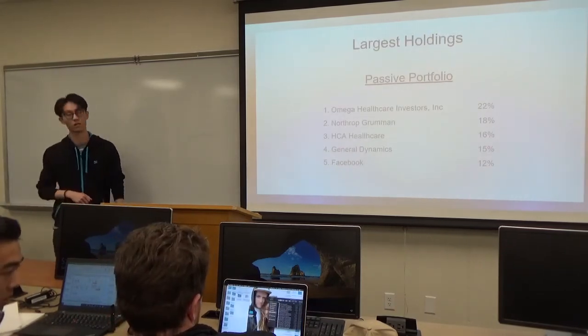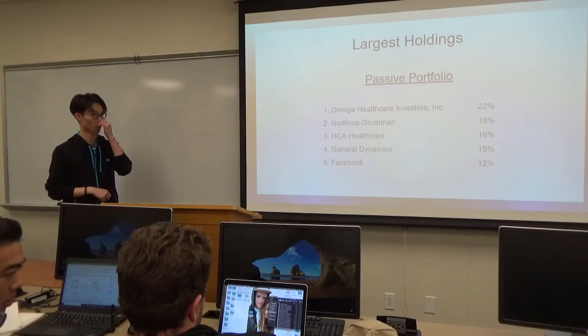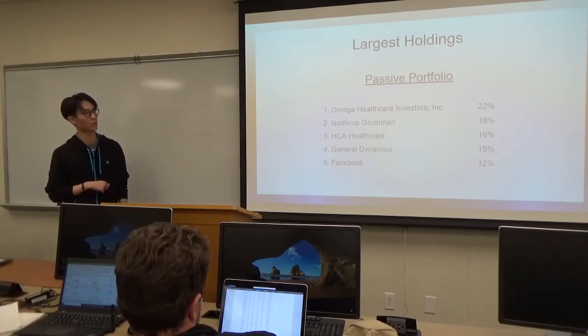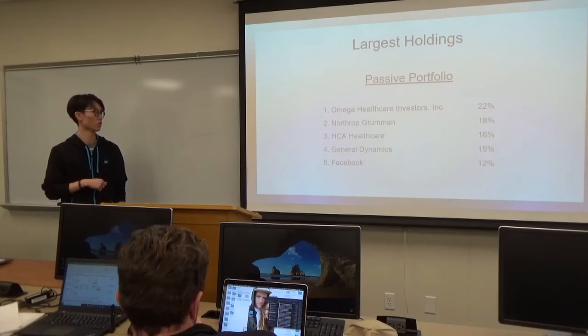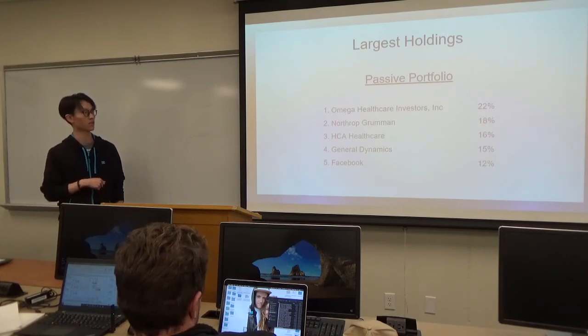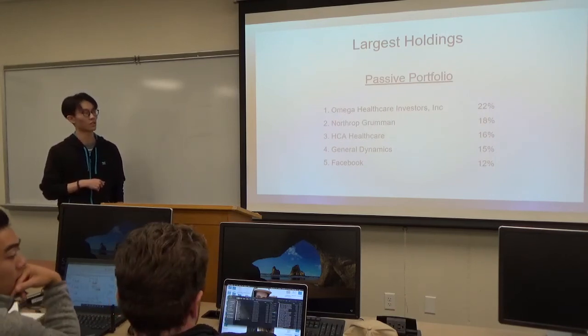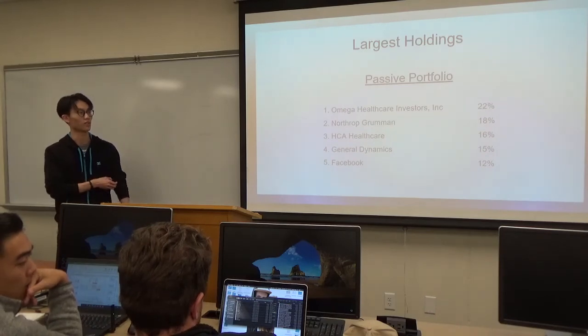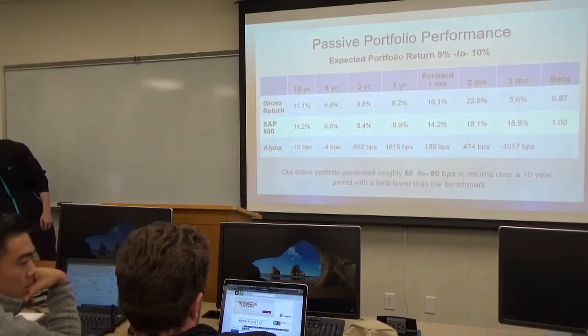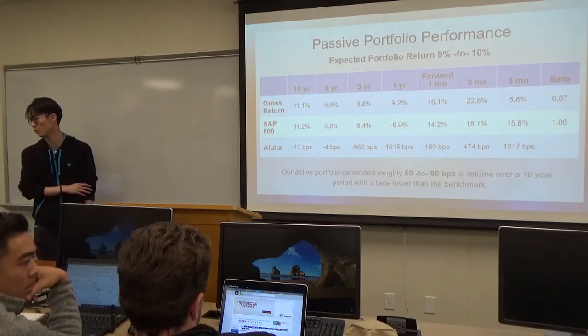And the largest holdings are Omega Healthcare Investors at 22%, Northrop Grumman at 18%, HCA Healthcare 16%, General Dynamics at 15%, and Facebook at 12%. And here's our portfolio performance.